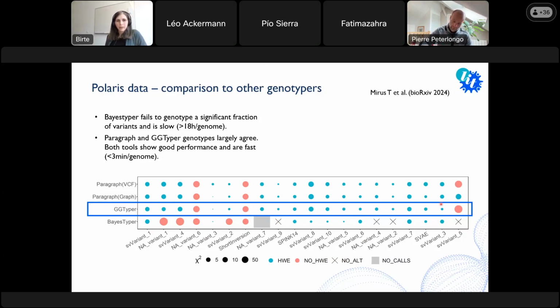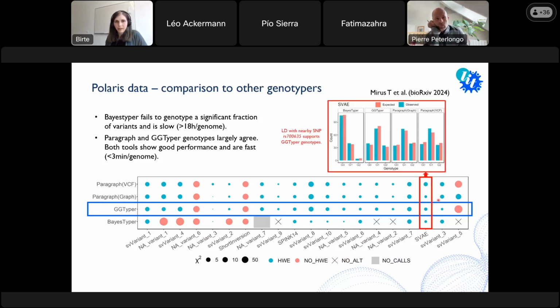We zoomed into one variant here, on these slides, where we have a close-by SNP that is in high LD with the variant, at least when we trust the genotypes of Paragraph and GGTyper.